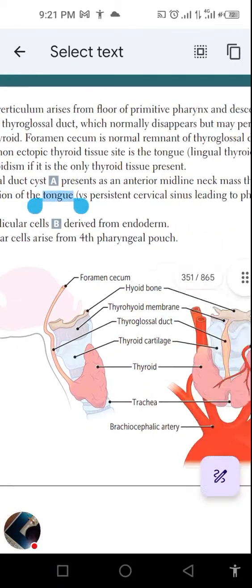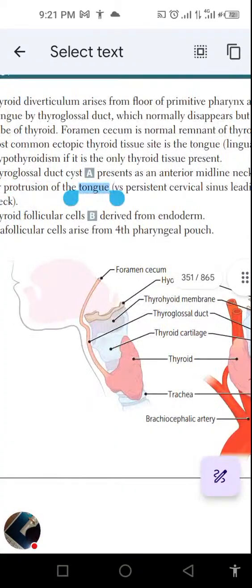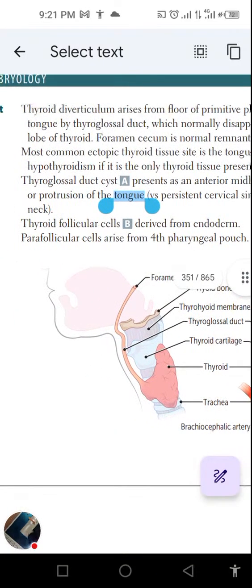So we have to diagnose that it is a thyroglossal duct cyst, which can be removed. If it is the only tissue present, it can present as hypothyroidism, because removal results in decreased hormones.